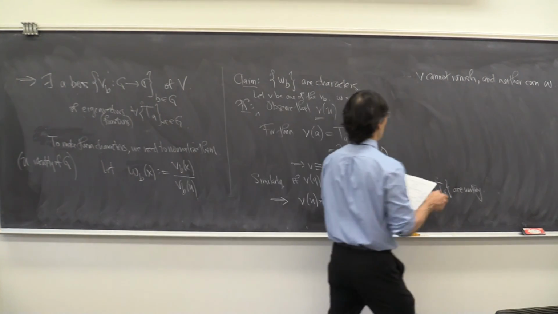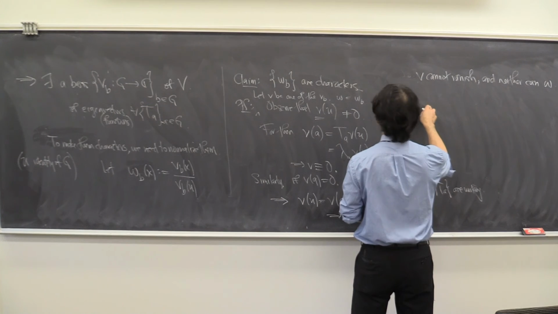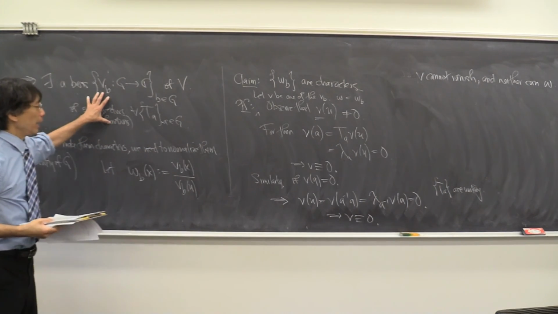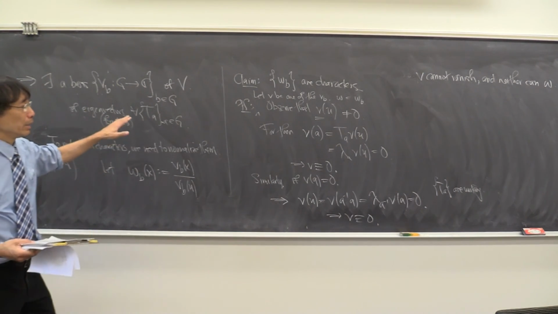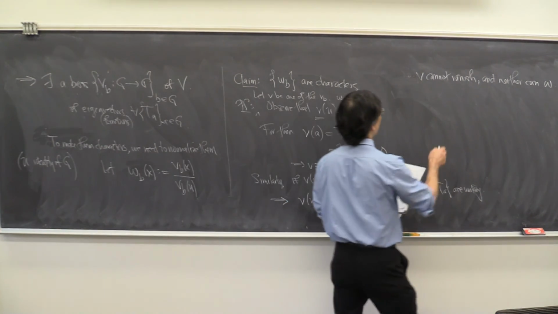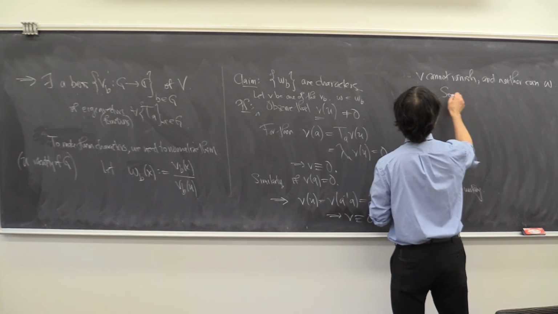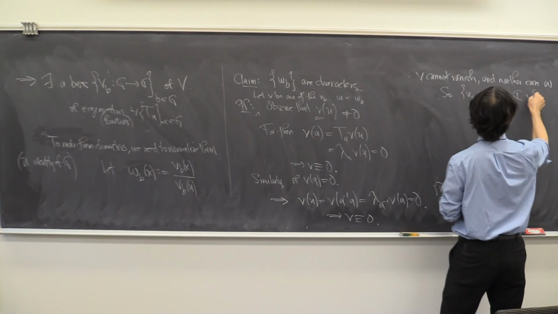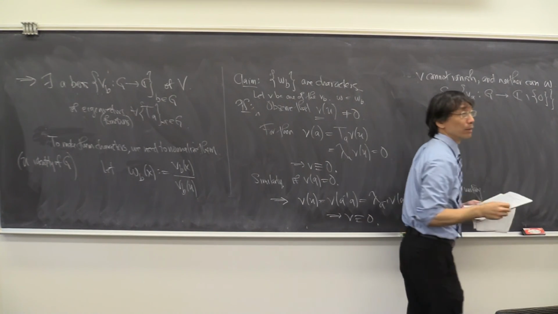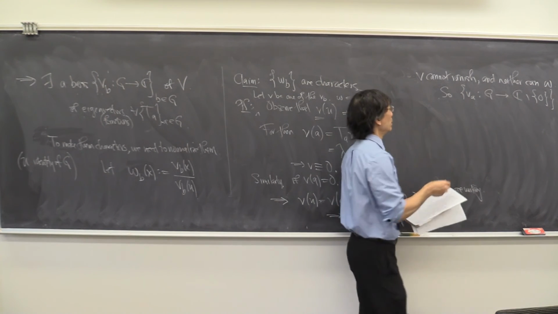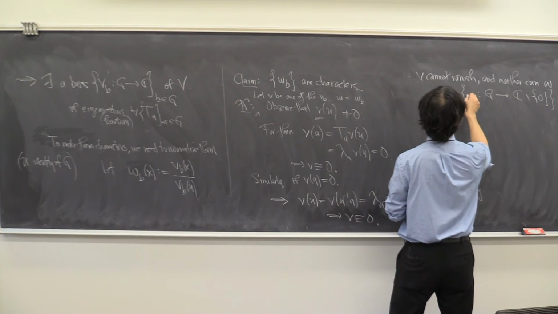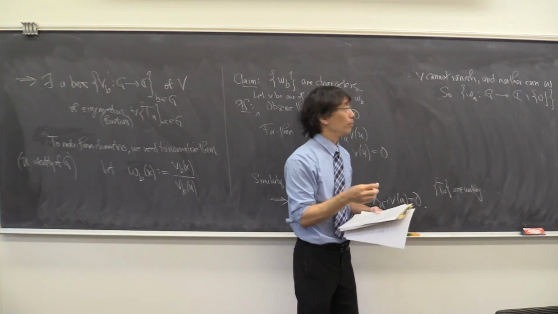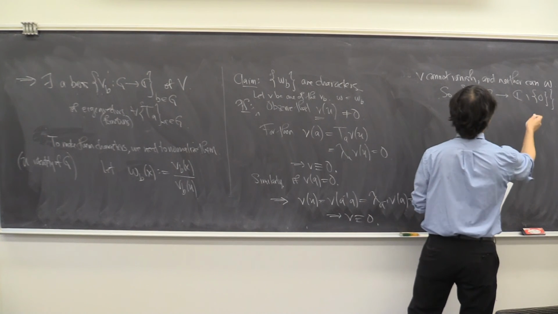So what we have is all these guys, and they're maps. All the W_A are maps from G into the complex plane excluding 0.